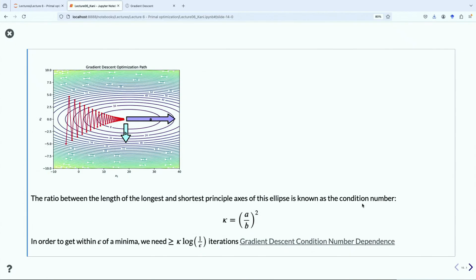You could think of the condition number as just how oval your contours are.